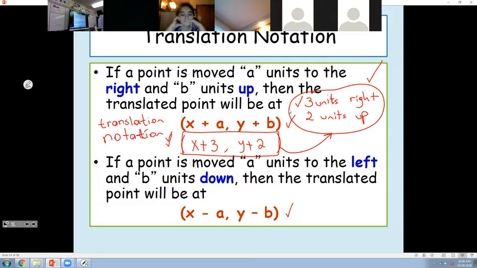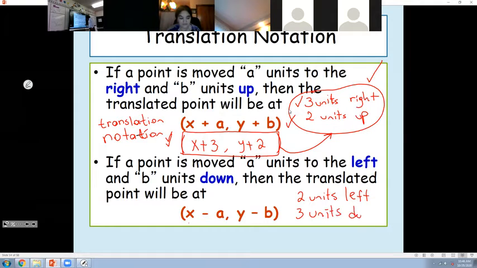Notation. Okay, next one. And when I put variables, you might get confused. Let's say 2 units left and 3 units down. All right? So how can we write this one with x and y?